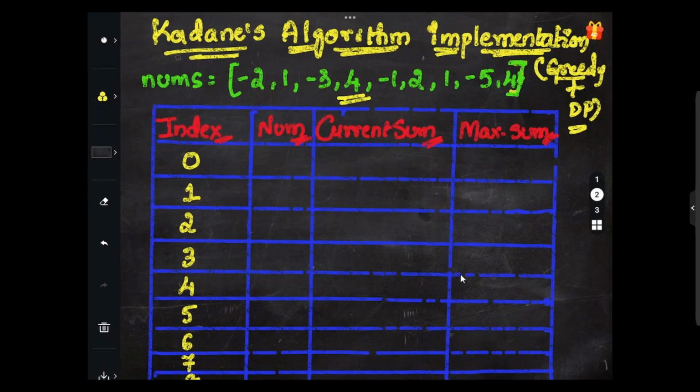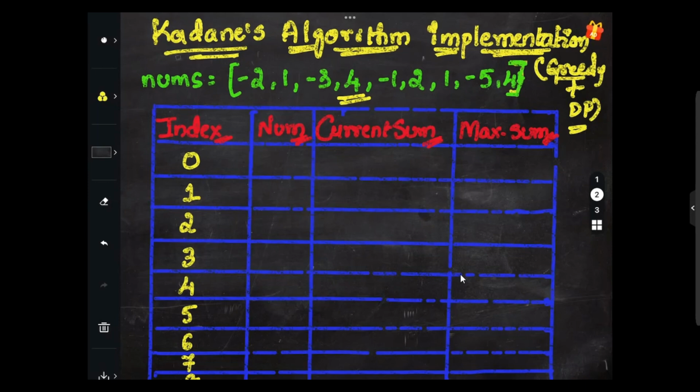Why are we making use of Kadane's algorithm, or greedy plus dynamic programming approach here? Because we have to solve this in big O of n time, so the optimal solution we get in big O of n. That is the reason we'll be making use of Kadane's algorithm here. We will maintain two variables: current sum and maximum sum.